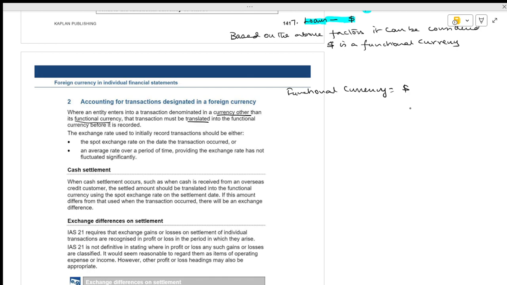Now you are trading in euros, Saudi riyals, or other currencies, such as Canadian dollars. Then you have to make a conversion. Whenever we make a transaction, it has to be converted into the functional currency. As simple as that.